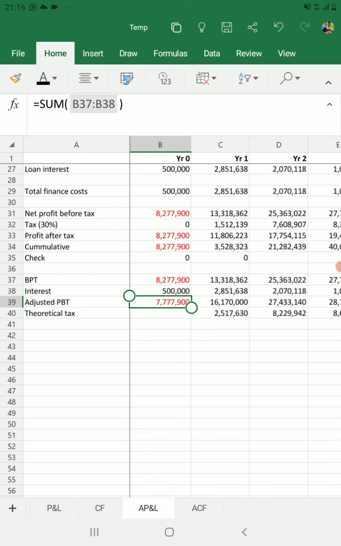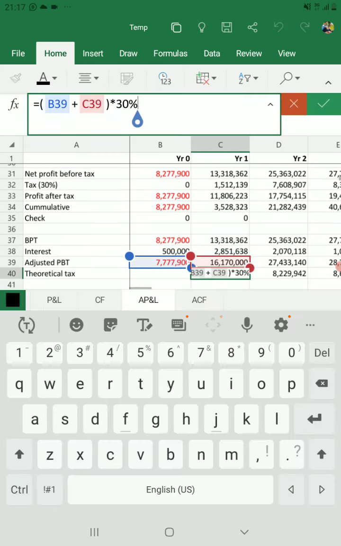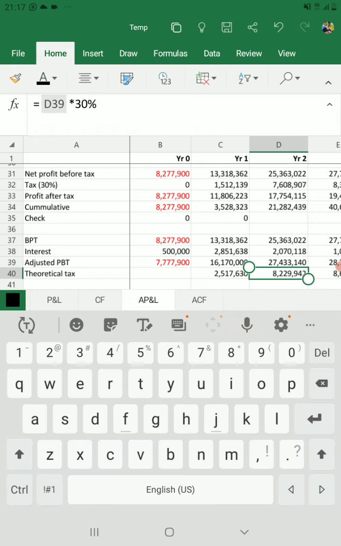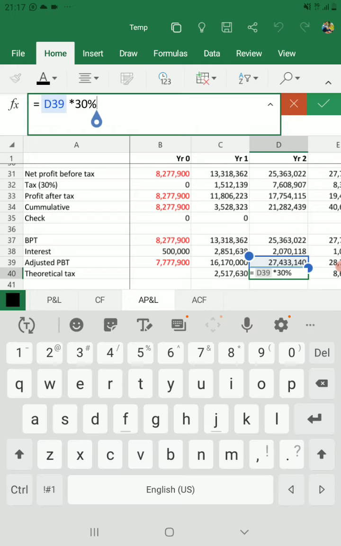But because we made these summaries on annual basis, there is no problem here, because adjusted profit before tax in year 0 is that one, and in year 1 we have a positive figure. So our theoretical tax here is not affected, which has taken the positive profit before tax minus the cumulative loss times 30% for the first, and after that this was manual accounting, so this one is okay.